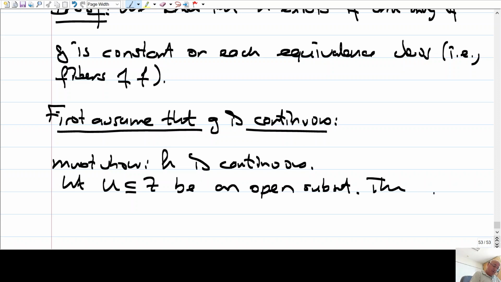Then what is G inverse of U? G is equal to H composition F, right? And this is equal to what?